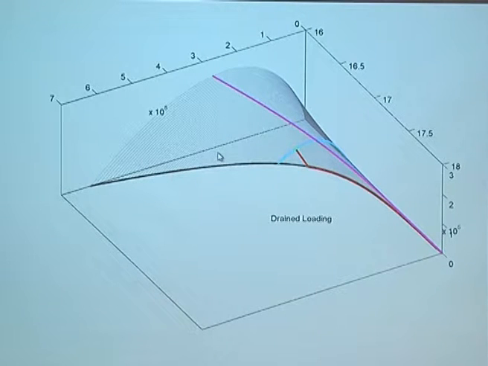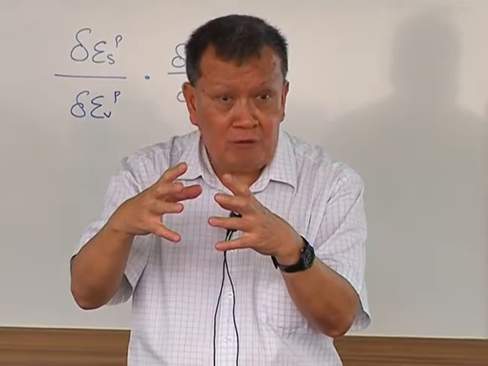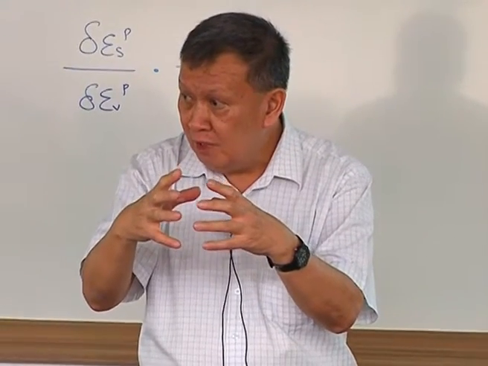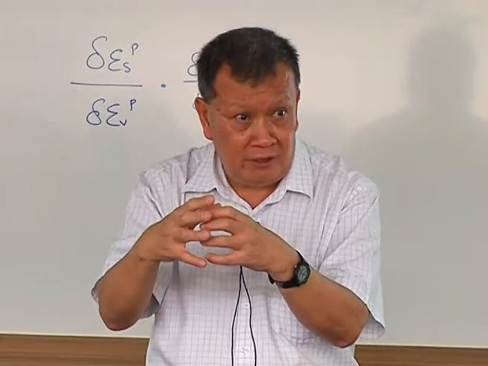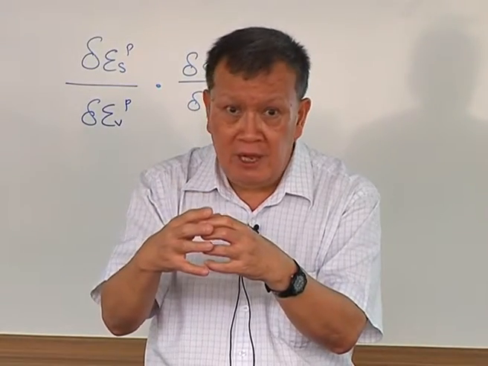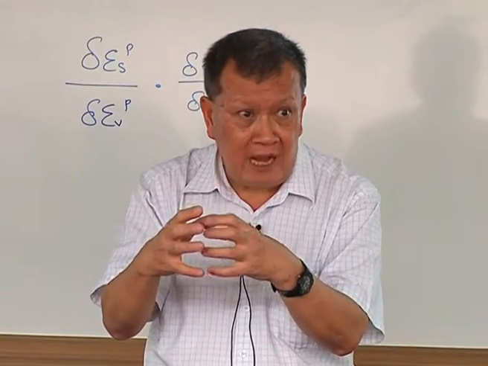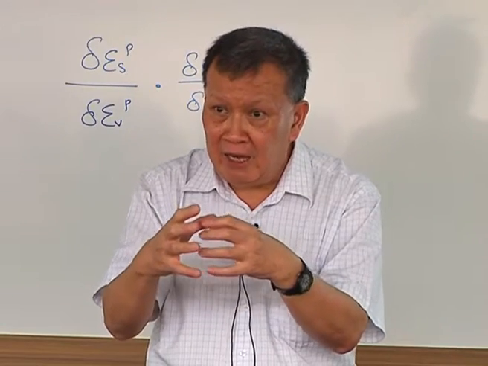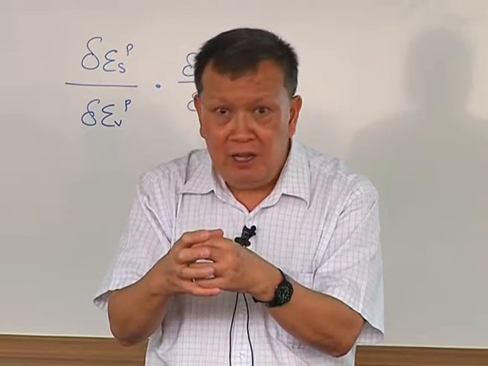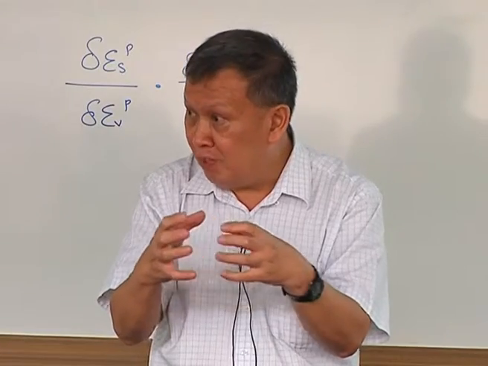Because, why? Physically, as you do the drained test, the volume of the soil is decreasing. Volumetric strain is positive. The soil is undergoing compression. And as the soil is compressed, the particles become more and more tightly packed together, and you expect it to be stronger, with a bigger U locus.